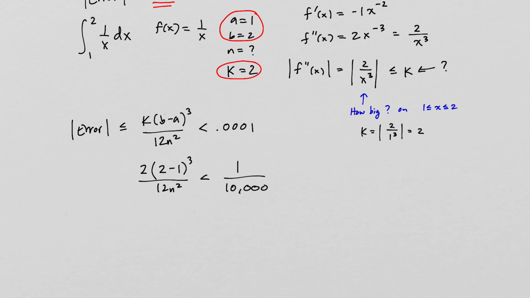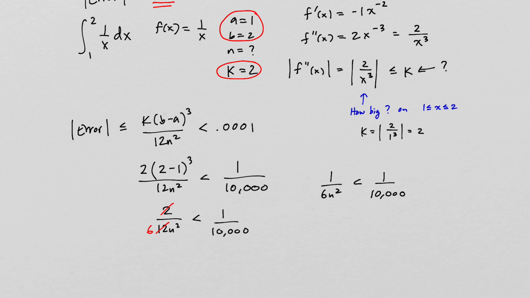So what I've got here is 2 minus 1, which is 1. 1 to the third power is 1, times 2 is 2. So that's going to be 2 divided by 12n squared is less than 1 divided by 10,000. Now I can cancel: 2 goes into 12 6 times, and we have 1 divided by 6n squared is less than 1 over 10,000.